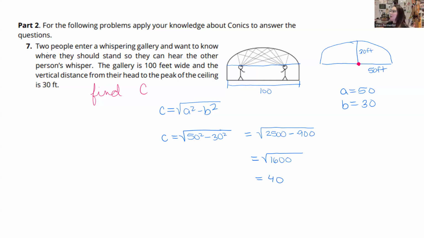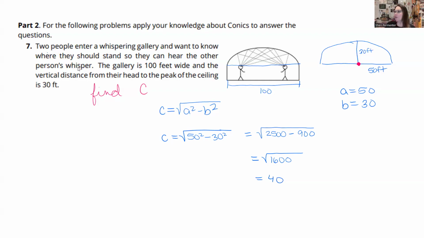Do you understand why they could ask you this question and expect you to be able to do it without a calculator? Because this is like a 3, 4, 5 right triangle right here. So you could technically do this without a calculator. There's two ways you could look at this for describing where these people need to stand. It wasn't specific because it just said, where do these people need to stand?